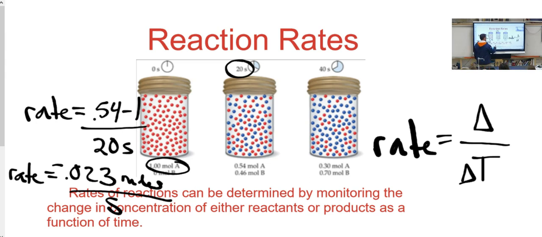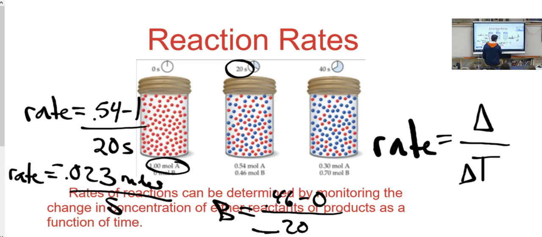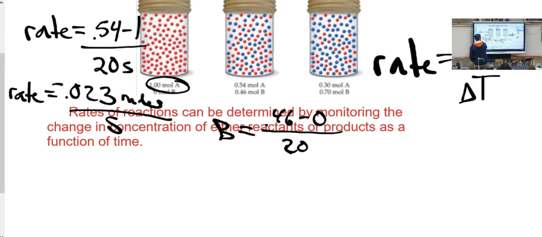All right. So B would be equal, and it's not always, this would be with a 1-to-1 ratio, but it's fine. Here we will have our final, which is 0.46, minus our initial, which is 0. So it's just 0.46 over the same change in time.